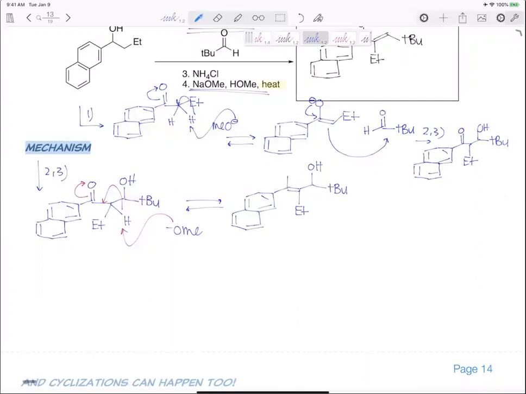Tert-butyl here, right? Okay, so what we have is a negative charge. So how do we get the E2 product? Because the lone pair on the alkoxide is going to collapse down here, pushing this double bond here and causing alcohol to leave instead. Okay, so this is where we get the formation of the E2 product.